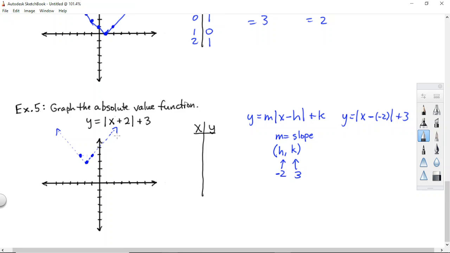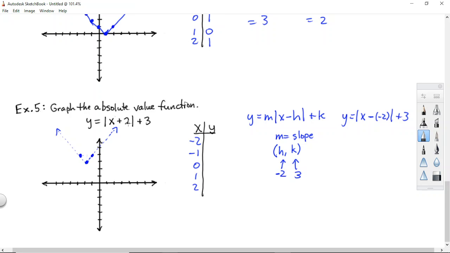So we'll use the same ones we used before for x values, negative 2, negative 1, 0, 1, and 2. And we put in negative 2 for x, we have negative 2 plus 2. Well, that's 0.